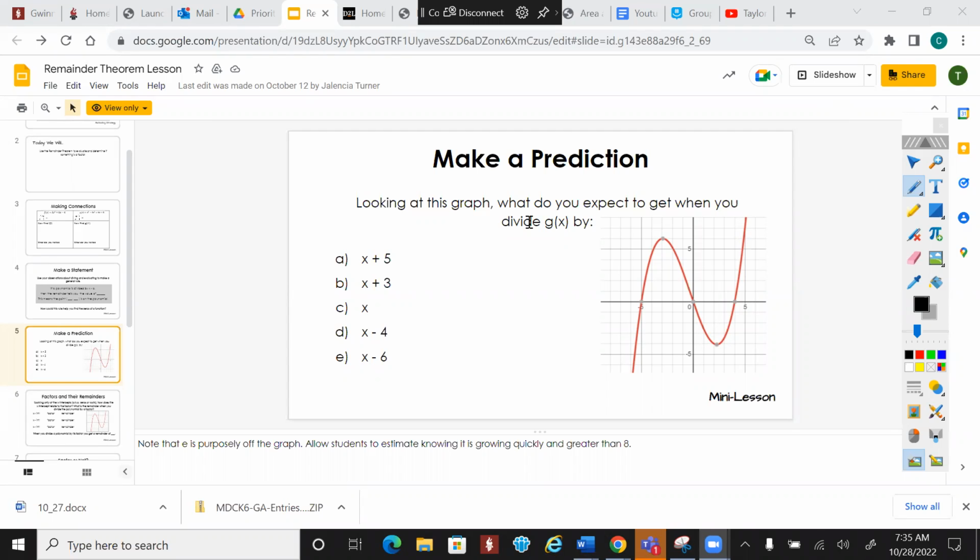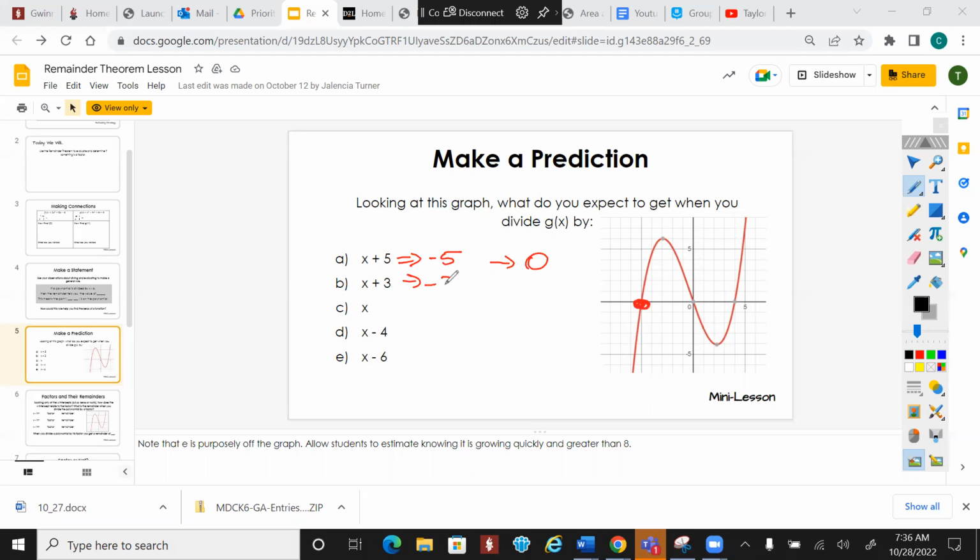Really quick, when I plug in -5, what's going to be my y value from this graph? This point right here, which is 0.